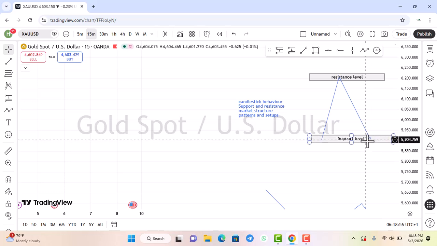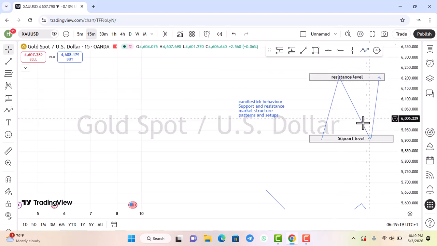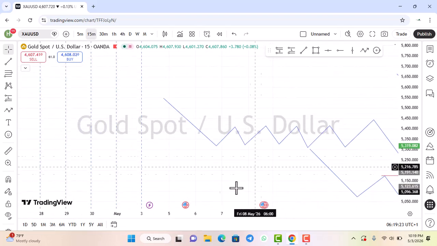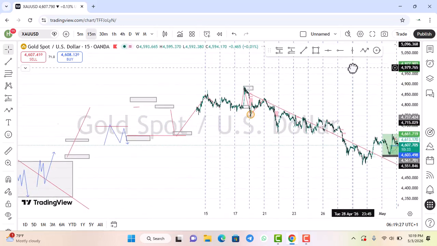So we use that to confirm the intent of the market. And once those price action validate the intent of the market, then we expect another buy, or another sell from resistance level, depending on where you meet the price. Is it at support level or at resistance level? Let me show you example on chart.